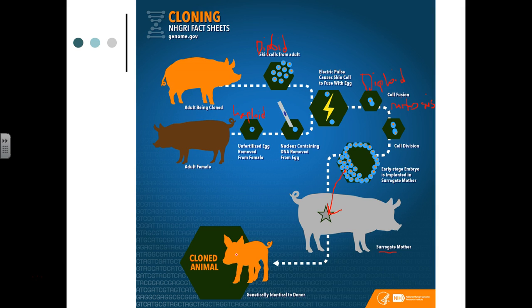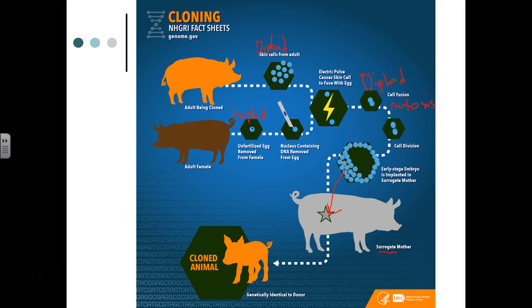It might be useful if you had your own cloned organs, in case you need a transplant, you could have that exact genetic match as well. We're not there yet, but that's essentially the gist of cloning. And this has successfully been done in lots of different animals, but it is illegal in the United States to do this on humans. Okay.